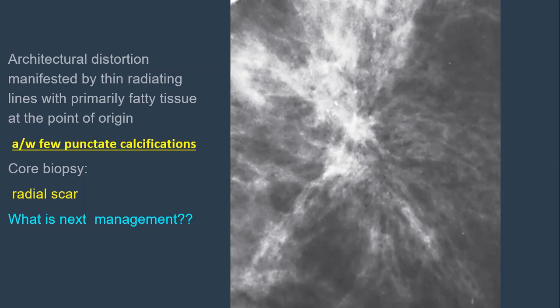Collision. What other lesions group with radial scar and others? What do we call them? Anybody knows? Borderline breast disease, or borderline lesions?